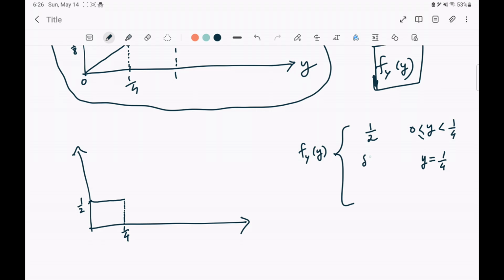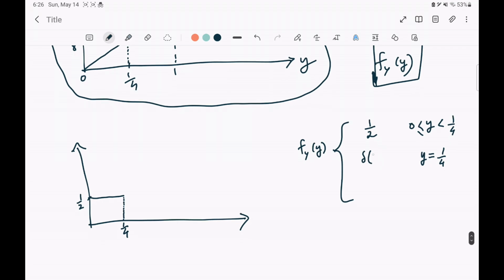So this would behave like delta of y minus 1 by 4 divided by 2. It would shoot up to infinity, but the area under this ultra thin strip would be half.